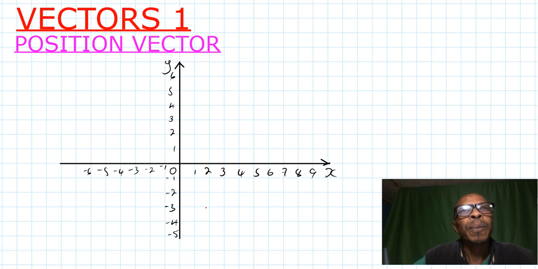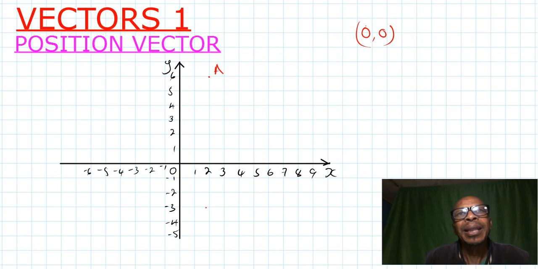So if we pick a point and say that is our point A, the coordinates 0, 0 is what I'm calling the origin. That is the starting point where the x-axis and the y-axis intersect.